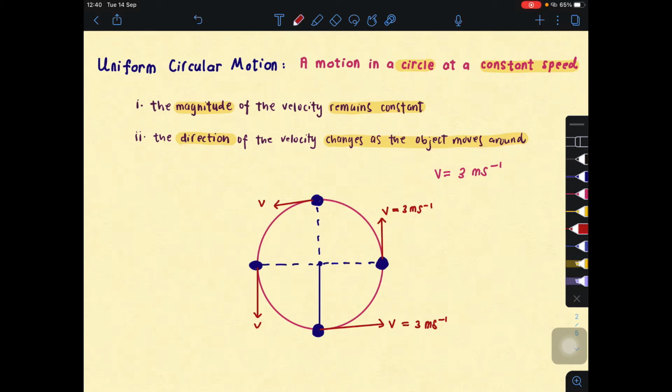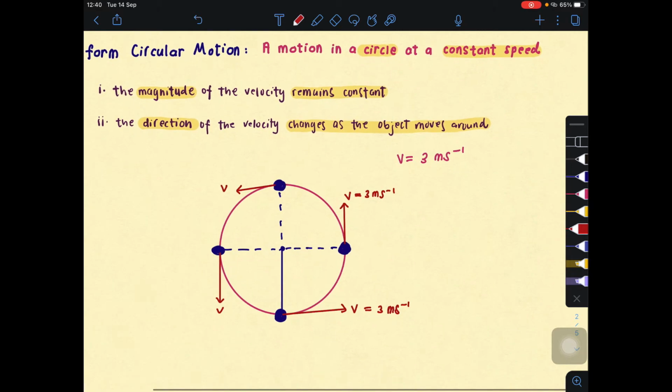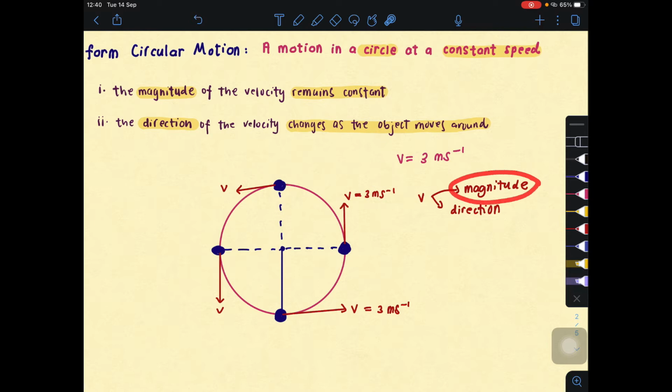So kalau ada perubahan velocity, sebab kita tahu velocity is both magnitude and direction. Dia adalah vector quantity. Walaupun magnitude dia stay the same, tapi direction dia berbeza. So bermaksud velocity ni ada perubahan.